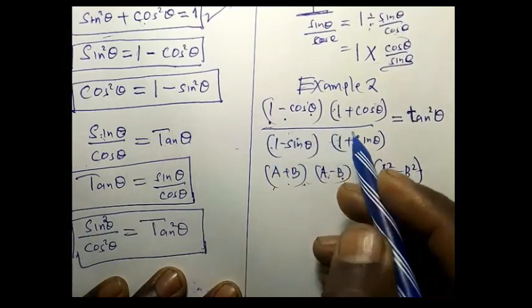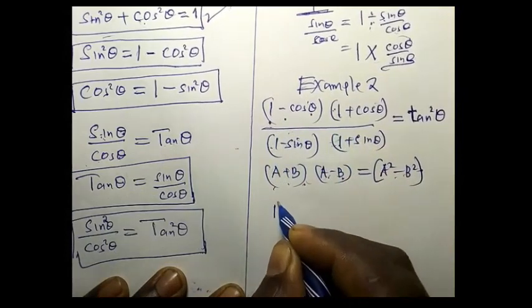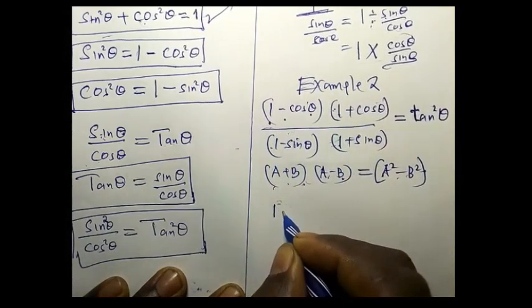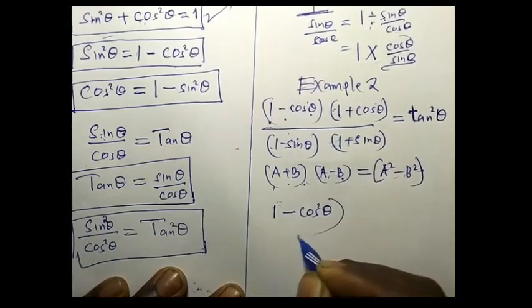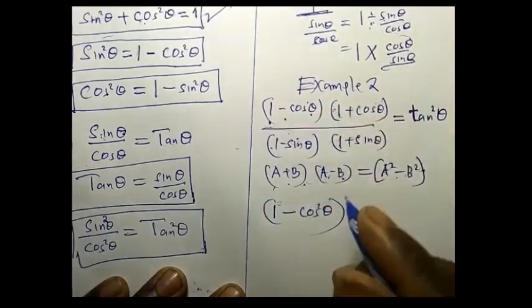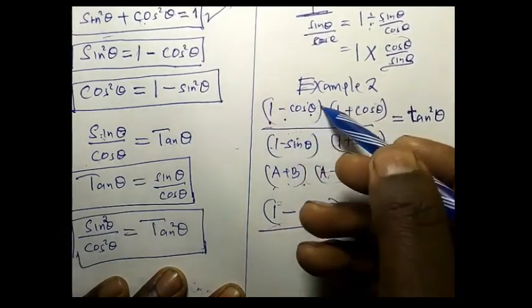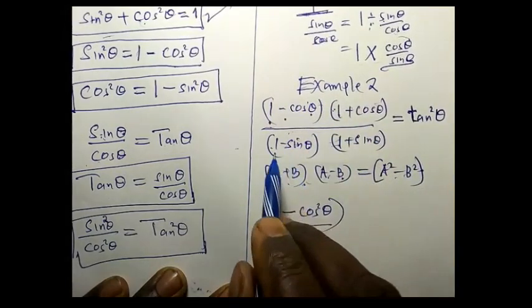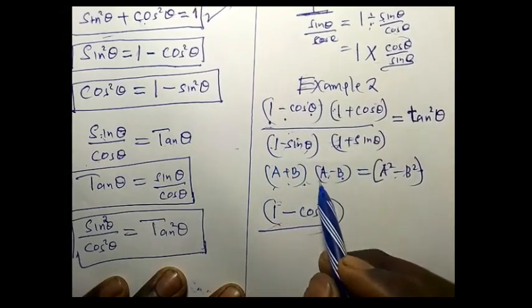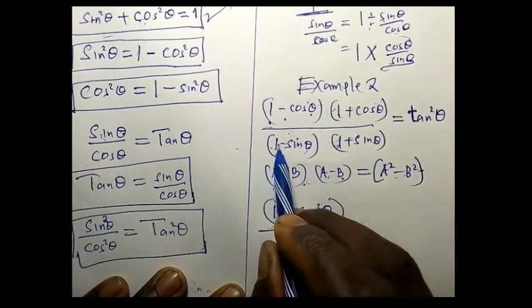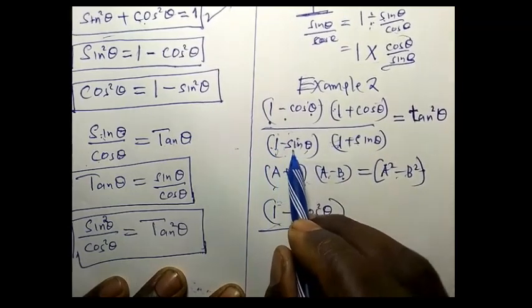We simply have 1 square, which is just 1, minus cos square theta on the numerator. On the denominator, we have 1 minus sin theta times 1 plus sin theta, which is simply 1 square minus sin square theta.